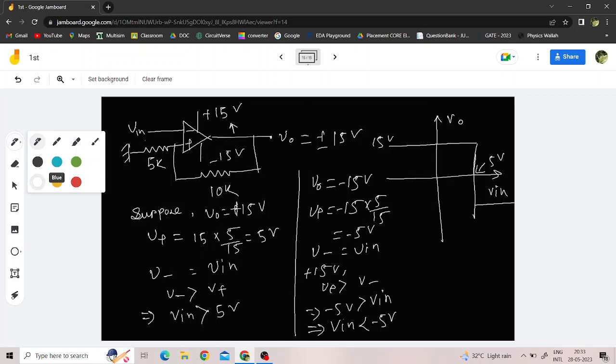I draw it with a different color. Okay, now the output will become plus 15 volt from this point, and this will continue.